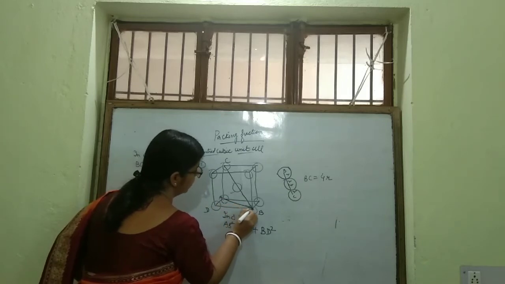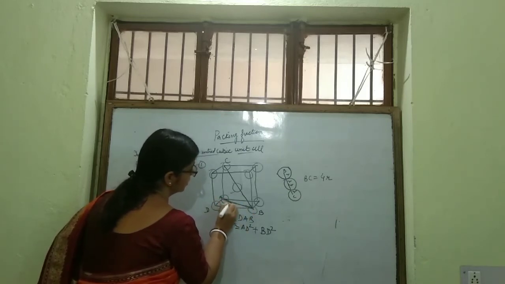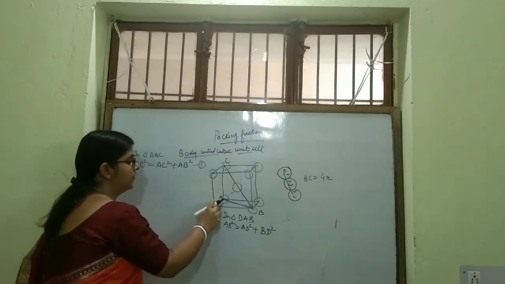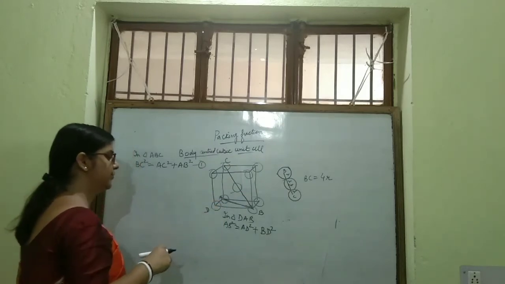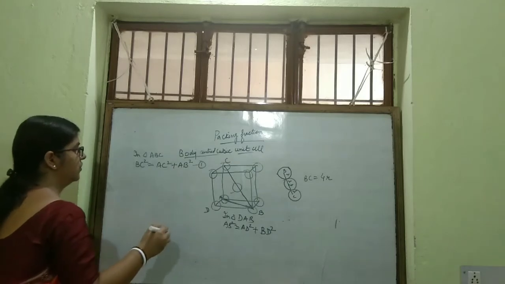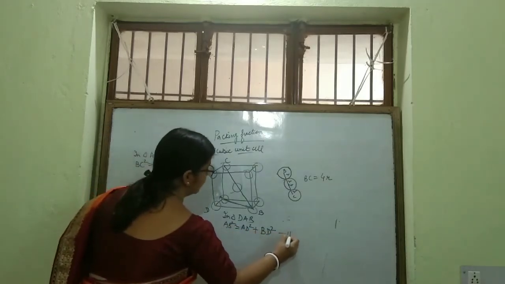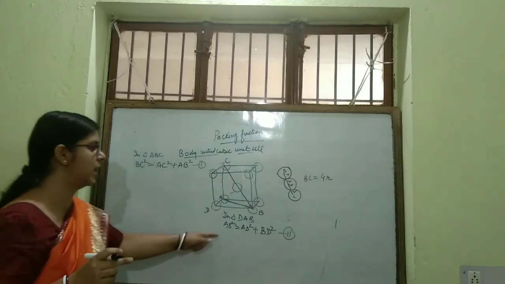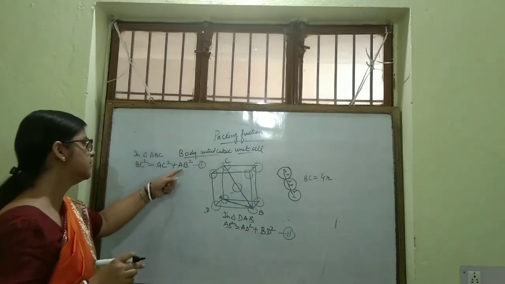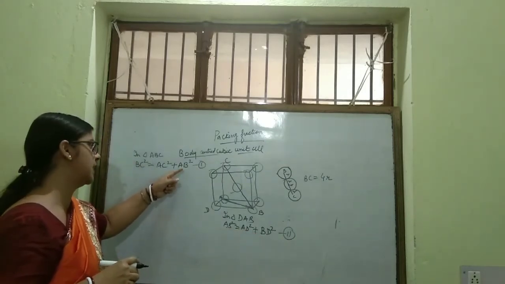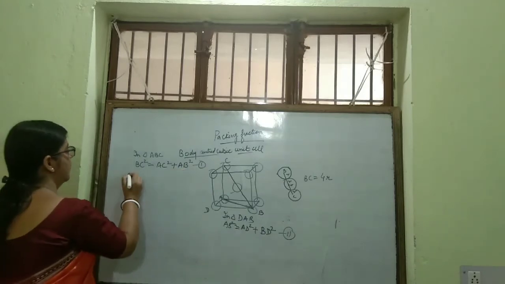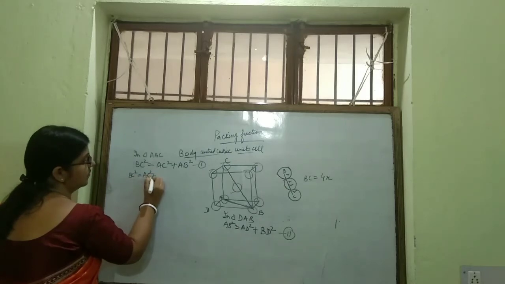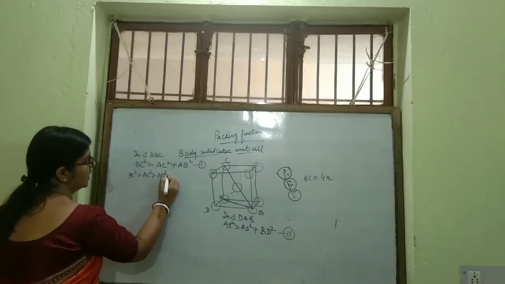This is the hypotenuse. So you are getting the value of AB² as AD² plus BD². Simply you will have to put this value over here. So what you will get? BC² is equal to AC² plus AD² plus BD².